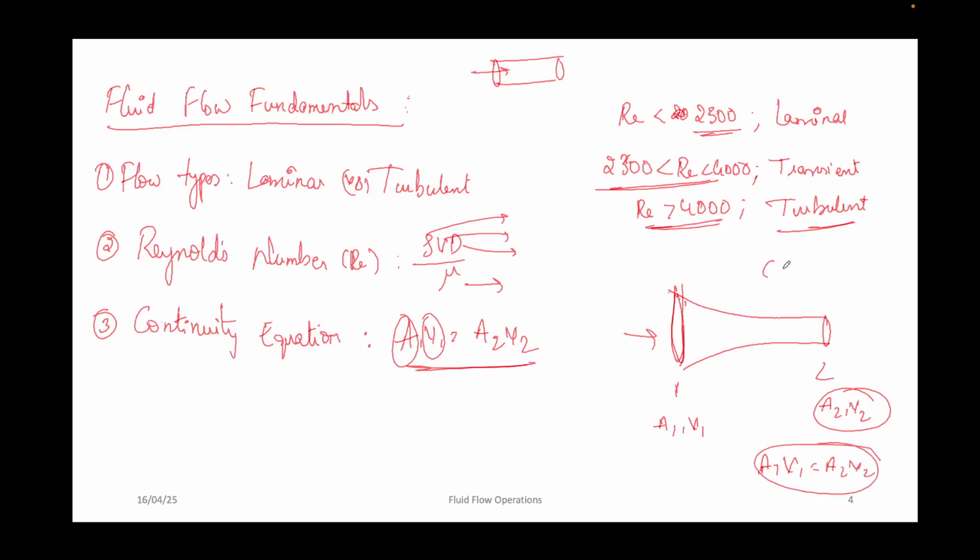Because flow is constant, Q1 is equal to Q2. So we can also write this as AV is equal to constant. So if area is increasing, velocity will decrease, and vice versa. If area is decreasing, velocity will increase.